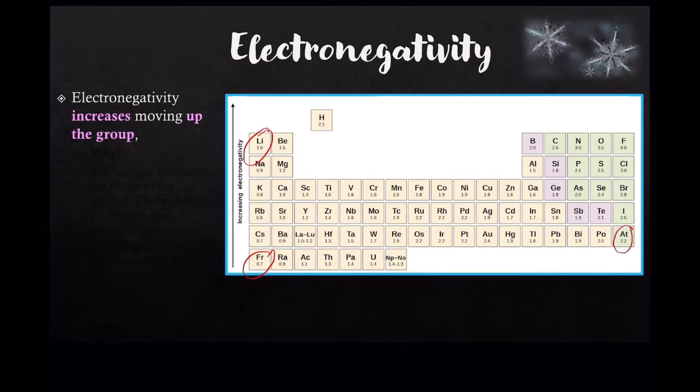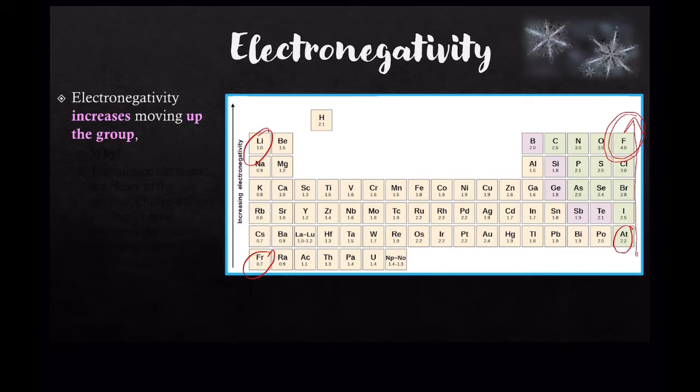Astatine, 2.2 is its electronegativity value, and going up the group, you'll notice iodine is next with its value of 2.5. Bromine is the next greatest with its value of 2.8, then chlorine 3.0, then fluorine 4.0. So because fluorine is the most electronegative nonmetal on the periodic table, it is also the most reactive nonmetal.